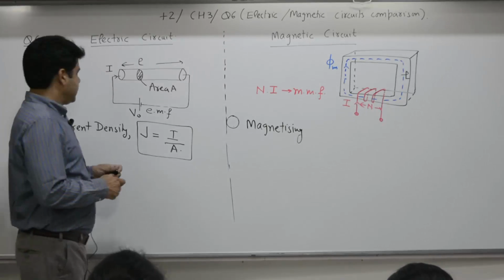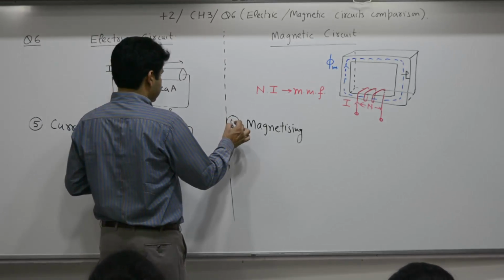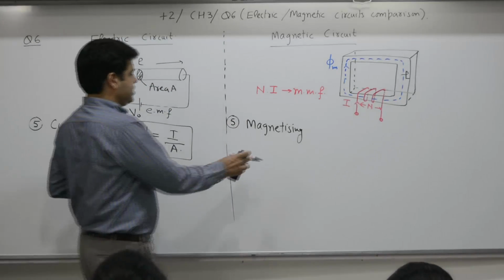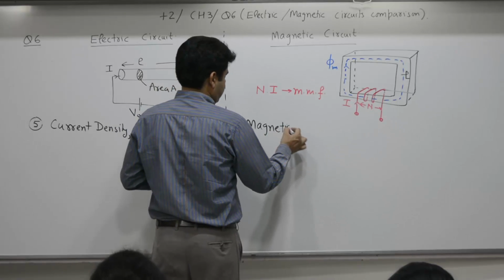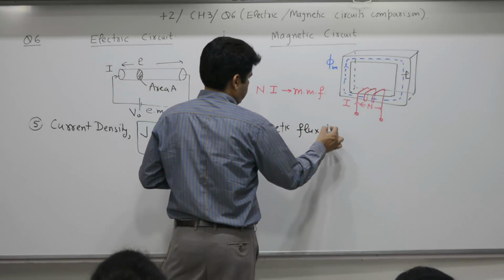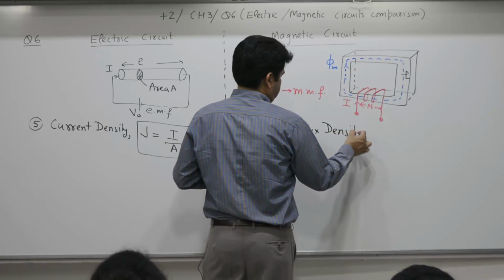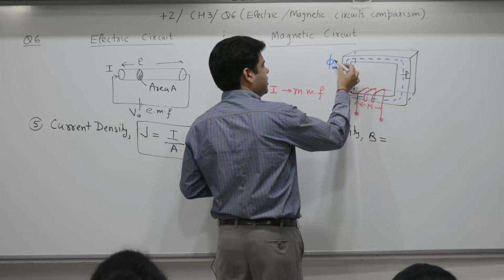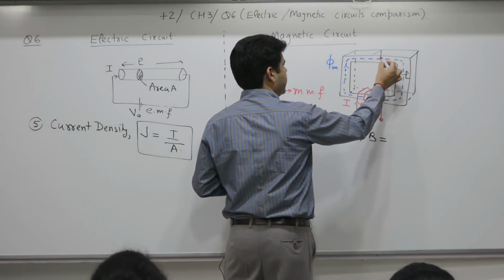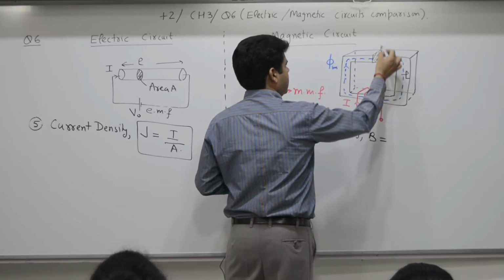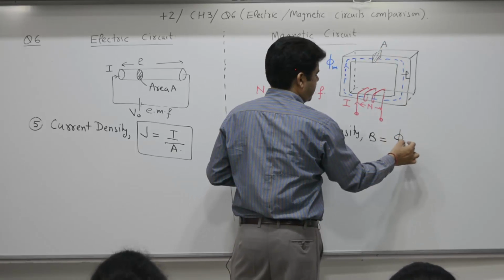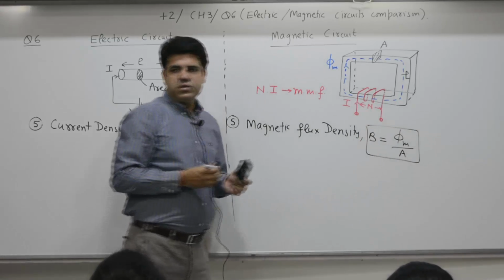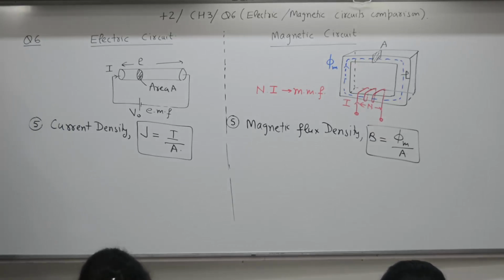J is magnetizing or magnetic flux density? That's the right term: magnetic flux density. Symbol is B, is equal to flux divided by cross sectional area A, magnetic flux phi m over area A. 1 minute to note point number 5.